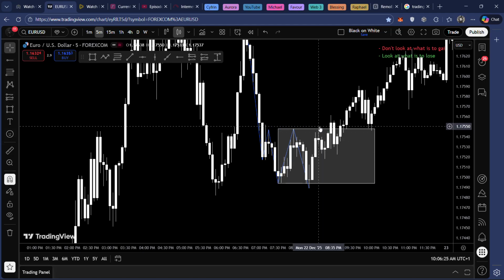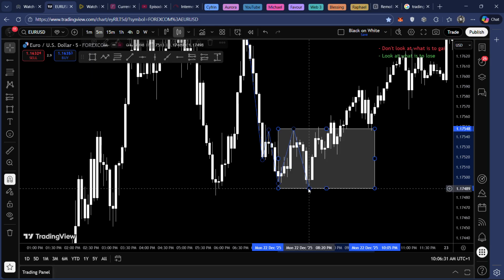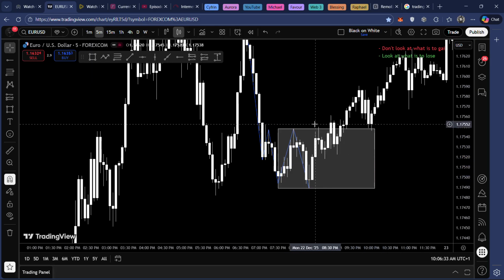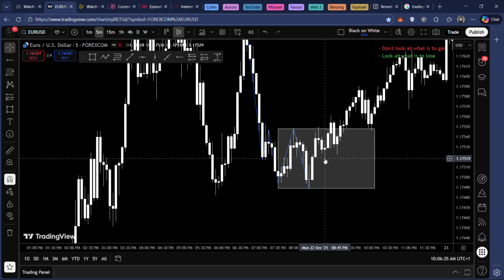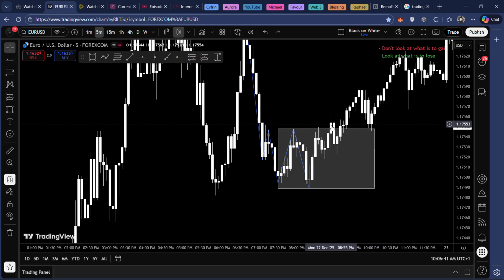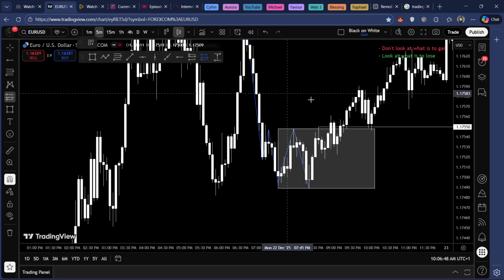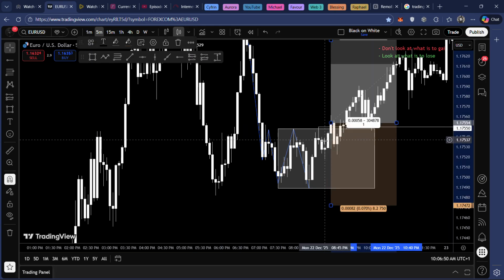As it invalidated it, we'll adjust our order block to form a breaker. Then we're waiting for it to enter back into the breaker block and give us a breaker structure, which is a candle close above this high. And you can see we have it here. So in that case, we take our long position again.